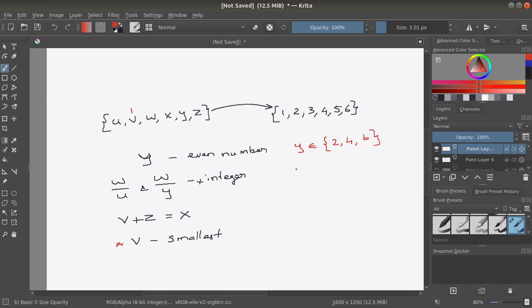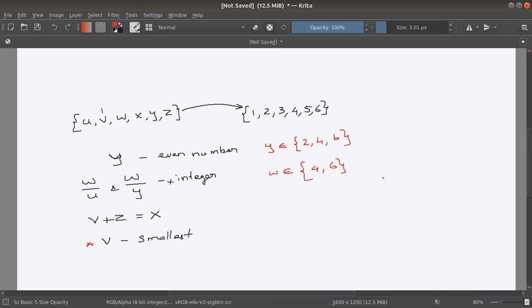If w should not be a prime number, what are the possible values for w? I could say 1, 4 and 6, right? But I have already assigned 1 for v, so I have to write the remaining numbers 4 and 6.